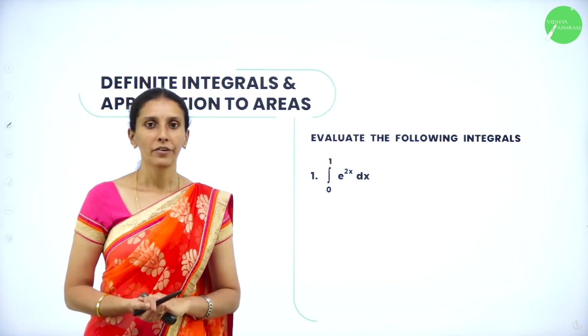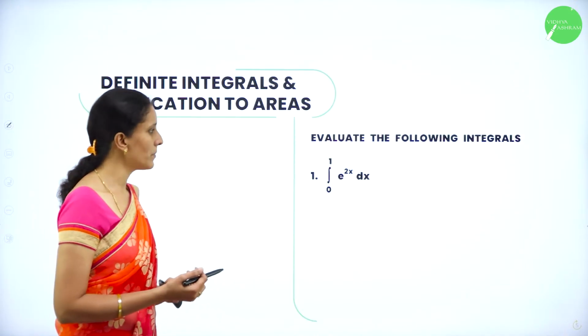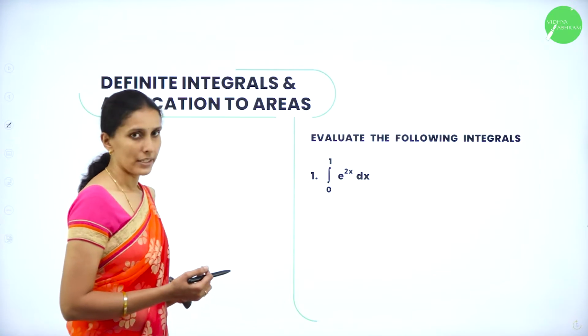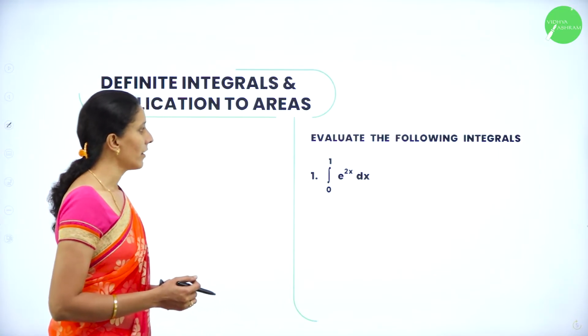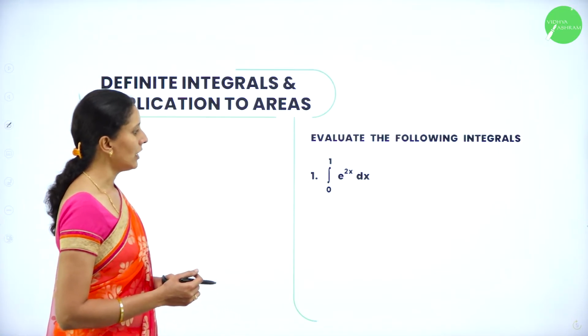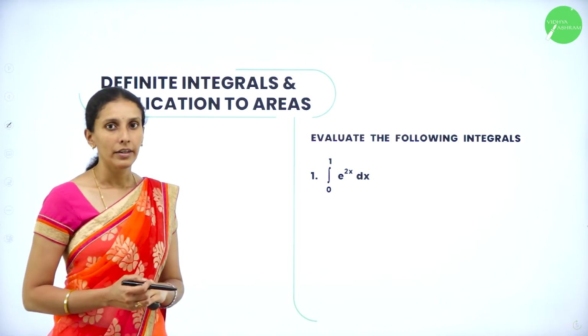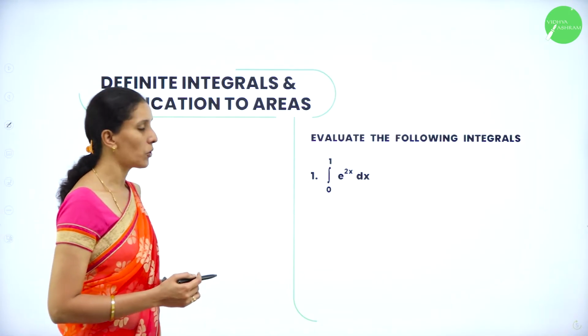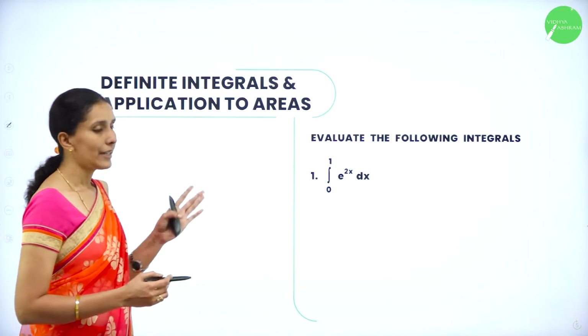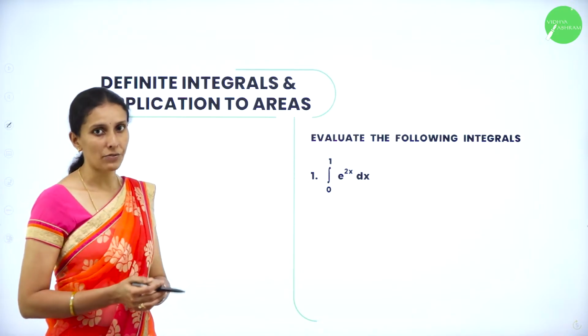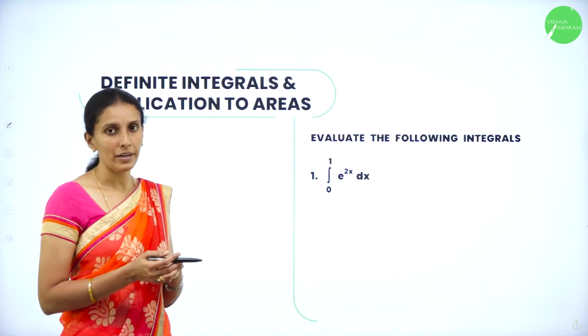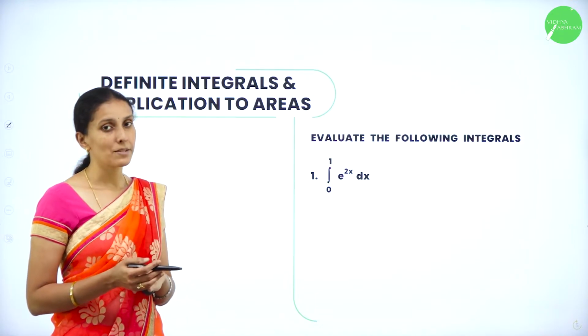So let's look at a few examples of definite integrals. First one: evaluate the following integral, integration of e power 2x from 0 to 1. Here, for e power ax or ax plus b form, you have to write it as e power ax plus b by a.